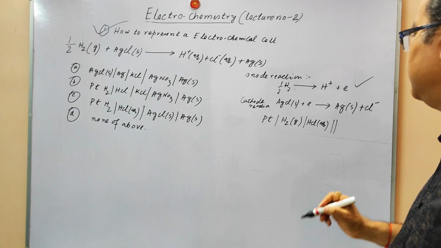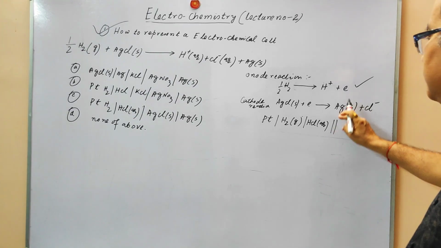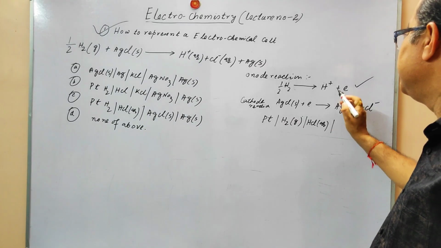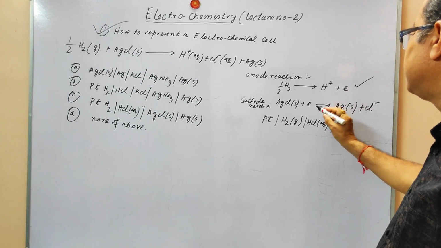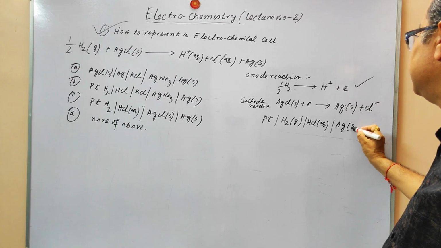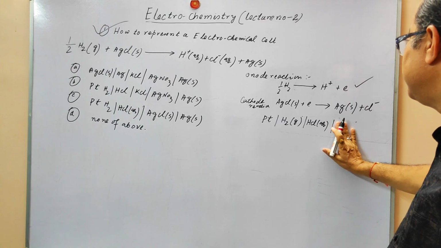Then you put the double vertical line, the single vertical also, and then you have the cathode reaction. The cathode here is Ag. In the cathode reaction, what is going on?